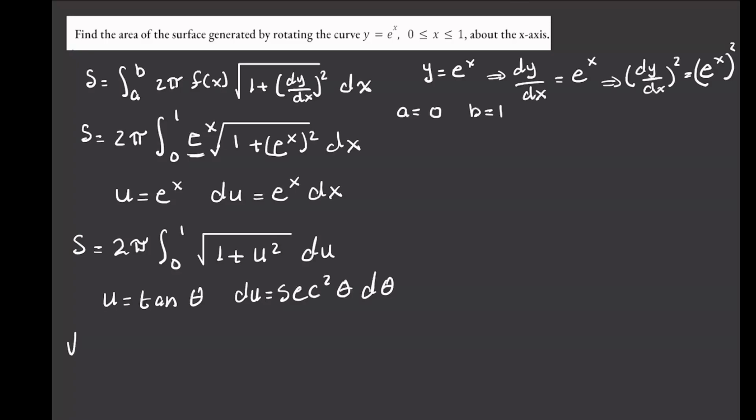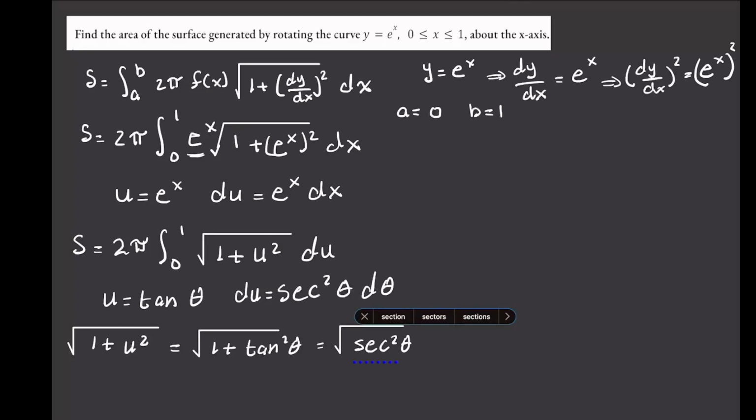So now doing some math on the side, the square root of 1 plus u squared is the square root of 1 plus tan squared theta, which is equal to the square root of secant squared theta, which equals secant of theta. So now after I have all of that, I can rewrite my integral.